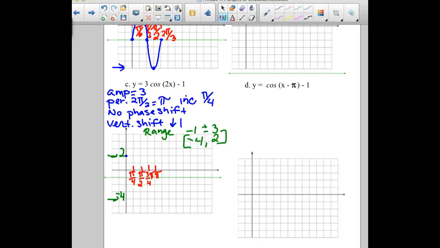So our first dot is going to be up here at 2. My next tick mark, I'm going to be down at what is my new 0, which in this case is -1. My next dot would be my low point, which we said was -4, and then back to 0, which in this case is -1, and back to high point, which is our 2. Okay?